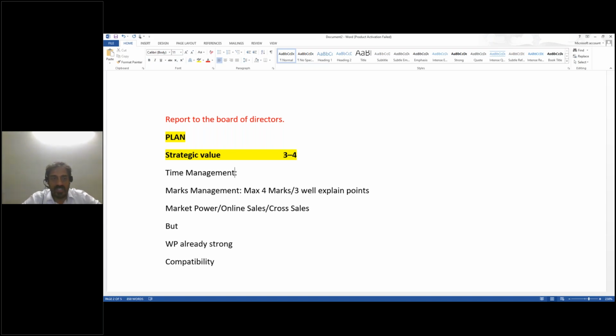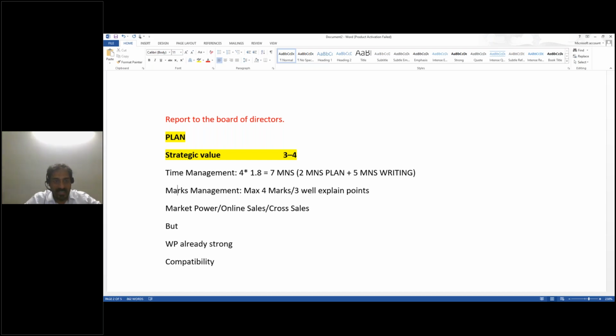Number 1, for 3 to 4 marks, stick with the time management. 4 multiplied by 1.8 is equal to 7 minutes. 7 minutes includes 2 minutes plan plus 5 minutes writing. Planning means either develop the things in your mind or write it in the rough.